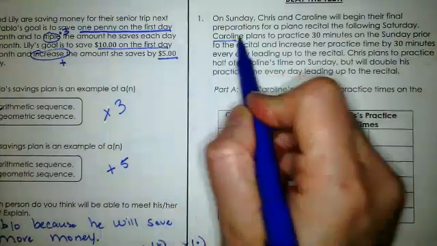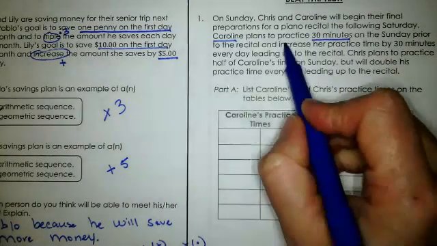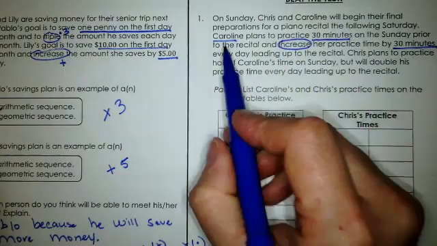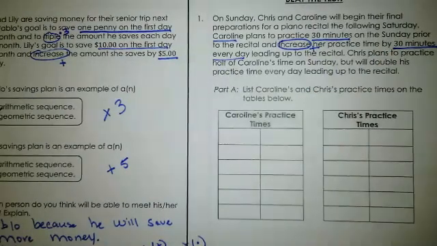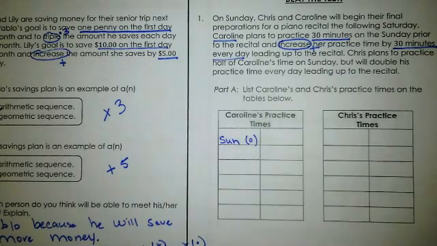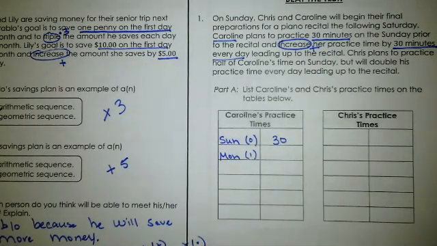So Caroline is going to start with 30 minutes, and she's going to increase her practice time by 30 minutes every day. So because she's adding the same exact amount of time, she will be adding 30 minutes. So if Sunday is the beginning of time, so 0, she's going to practice for 30 minutes. On Monday, which would be like the first day after, see what you can come up with for this table.